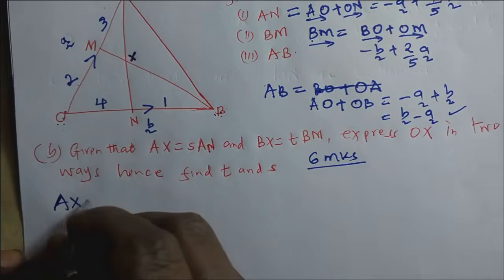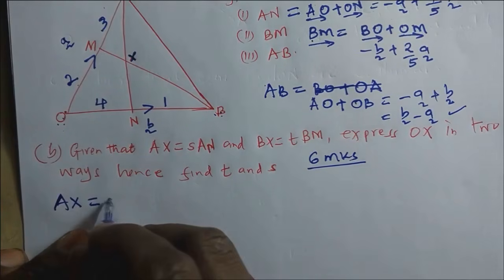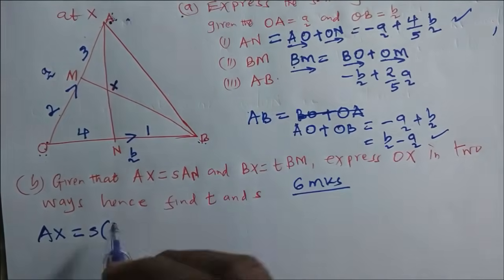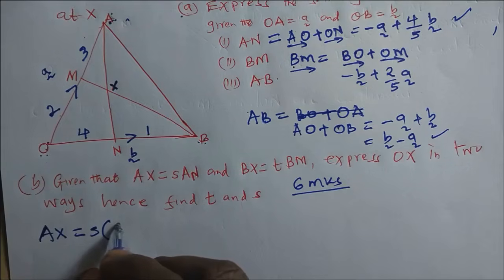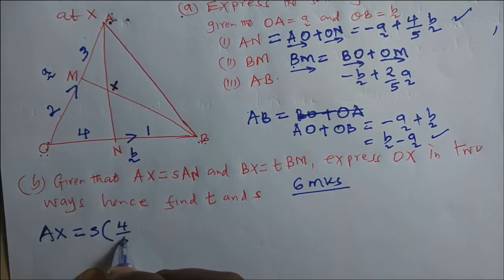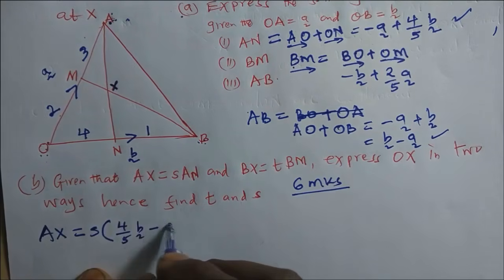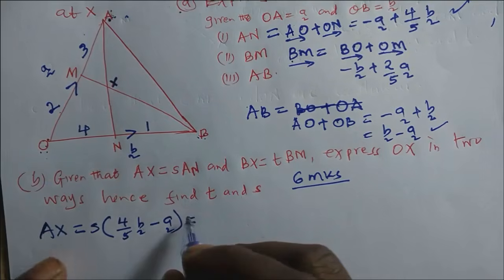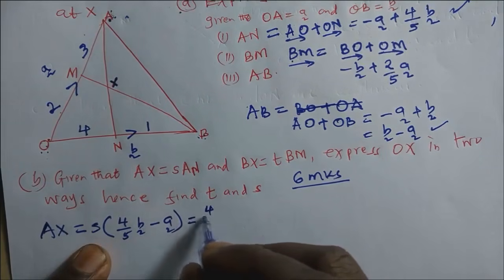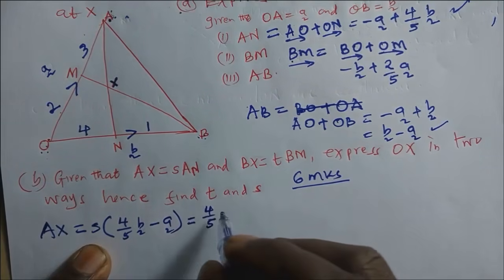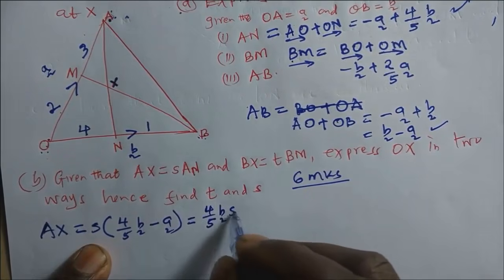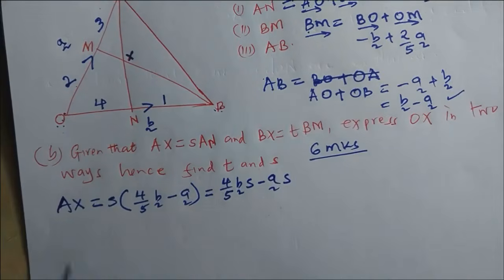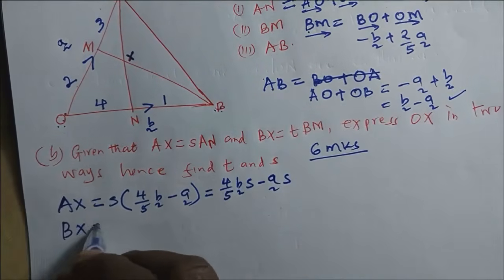So AX is equal to S into AN, and we have AN, which is 4 over 5 vector B minus A. So this one is AX, it will be 4 over 5 vector BS minus AS.